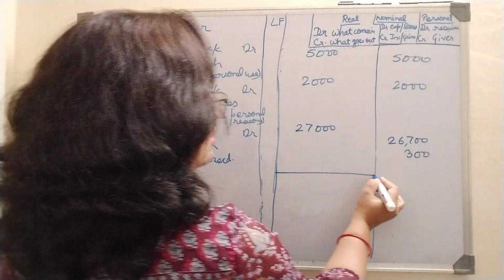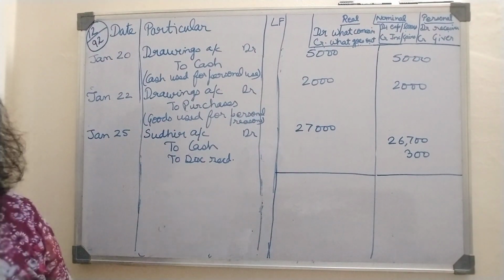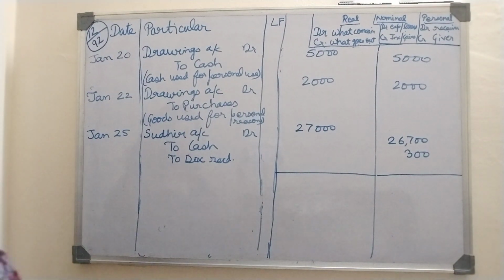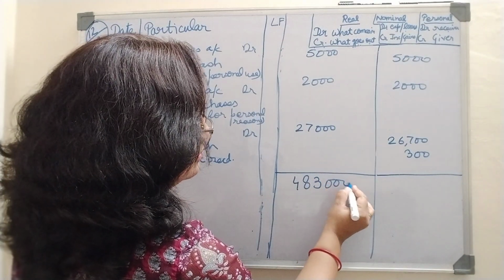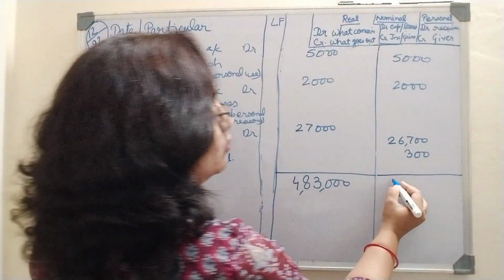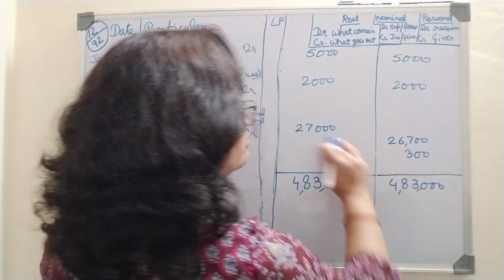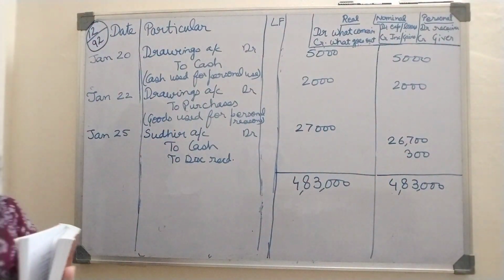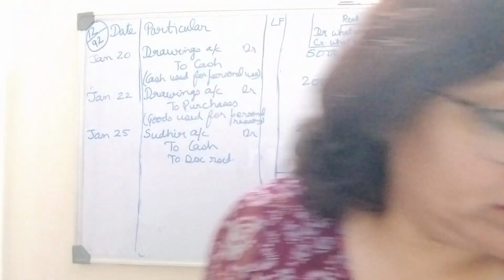Now, whenever we do journal entries, we will calculate both sides. It is 4,83,000. You can use your calculator and check it. Both sides will come equal. If they are not equal, it means you have missed something. Generally in journal entries, all the transactions are equal.